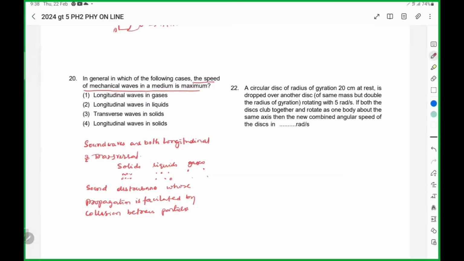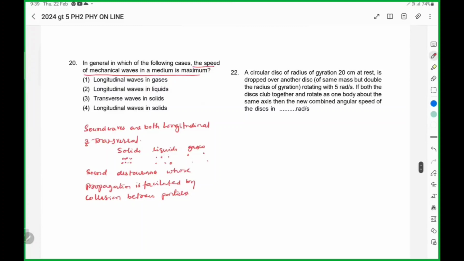So this molecule hits this molecule, another molecule hits another molecule. So that is a fast process in solids because these molecules are dense in the solid. So when compared with liquids and gases, obviously the speed of sound is more in solids.